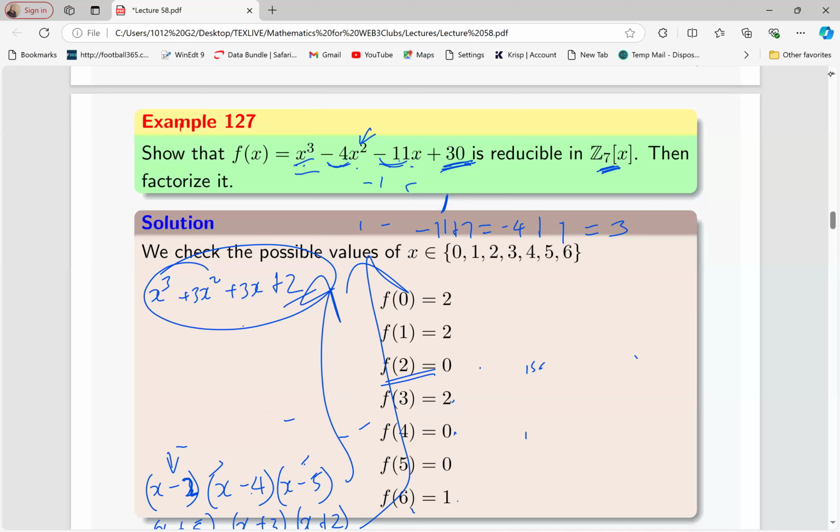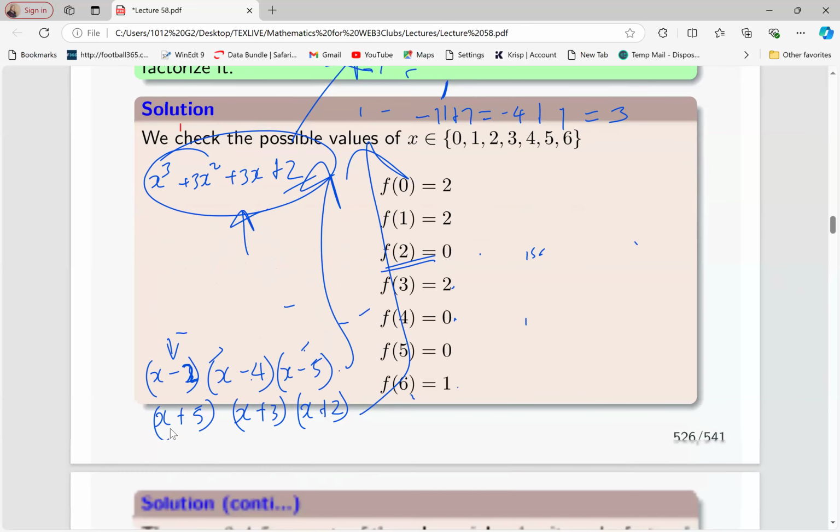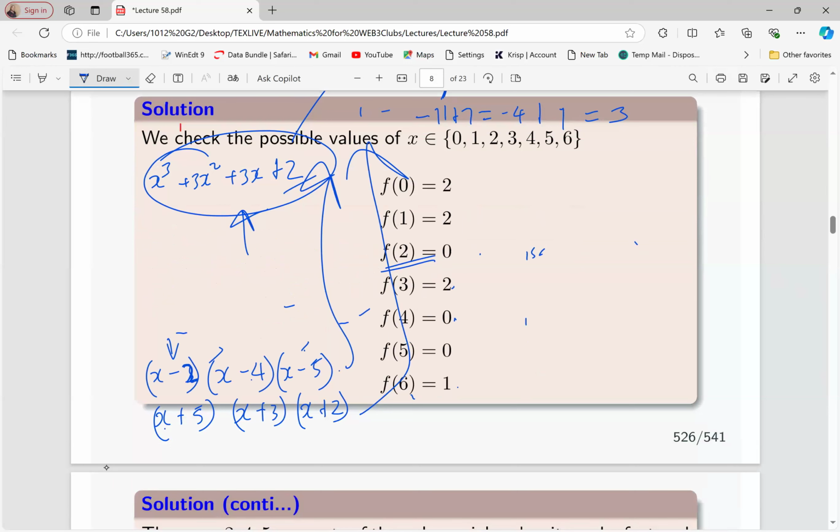So when you multiply this, you must get either this or this, and the two are the same equations. Let's just try the last one here. This will be x squared, then plus 3x, then 5x, then 15.